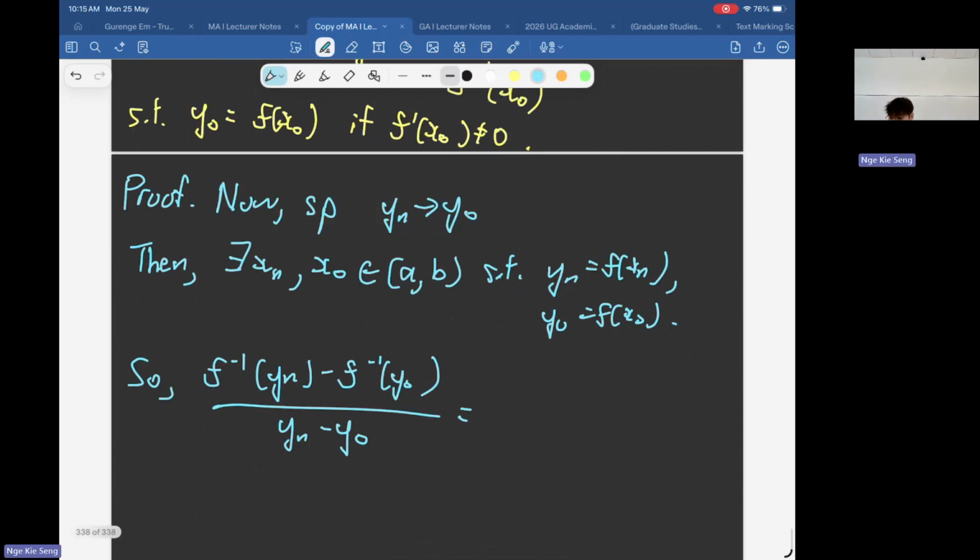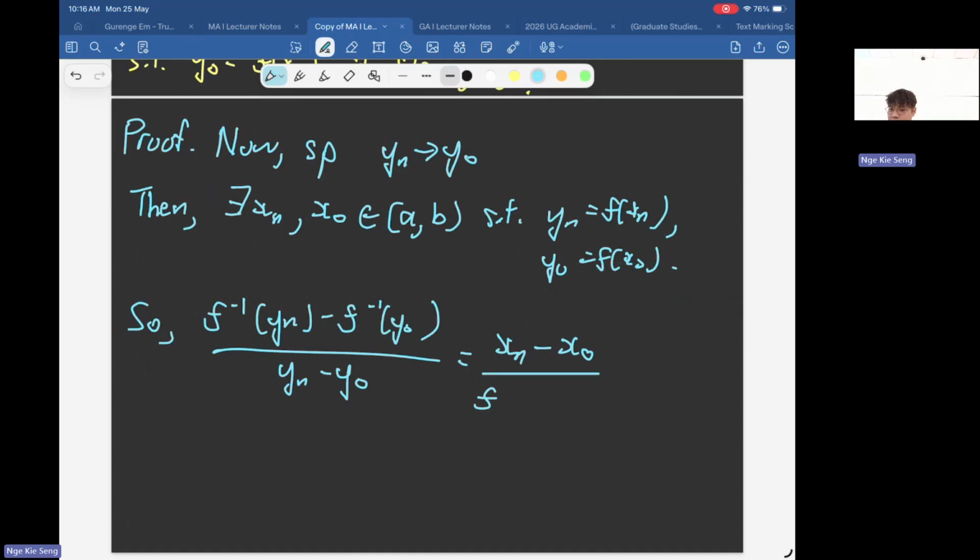Basically this is just xn minus x0 because we are looking at the pre-image. Why is it equal? Because it's unique. Because strictly monotone means 1 to 1, we can define a unique inverse. And what is the quotient (xn minus x0) over (yn minus y0)? We try to relate back to the function f, because that's the place where we know the derivative happens.